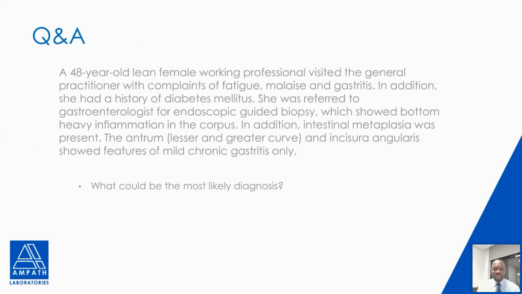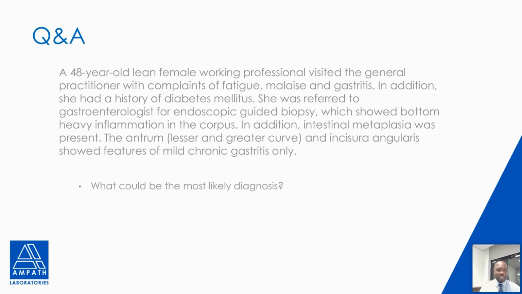I'm just going to share a little vignette with you. A 48-year-old, this is not a real patient, by the way. A 48-year-old lean female working professional visited the general practitioner with a complaint of fatigue, malaise, and gastritis. In addition, she had a history of diabetes mellitus. She was referred to a gastroenterologist for endoscopic guided biopsy, which showed bottom-heavy inflammation in the corpus, so the body.